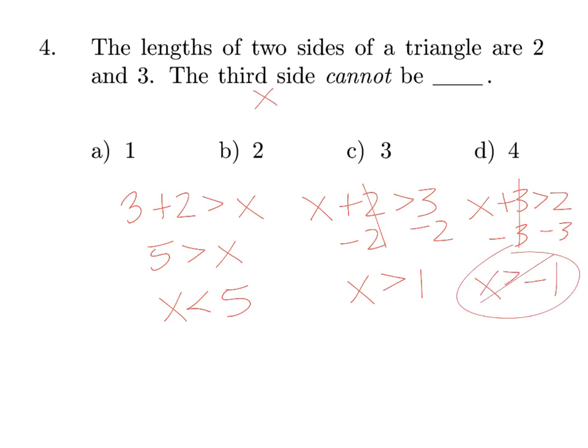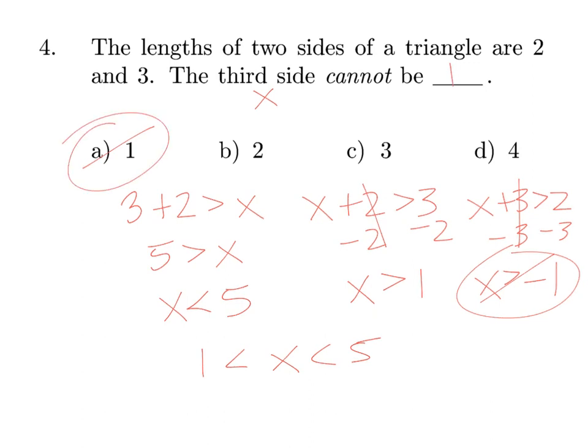Alright, so x has to be between 1 and 5. Alright, which of these values is not between 1 and 5? Be this one. Alright, so the third side cannot be 1.